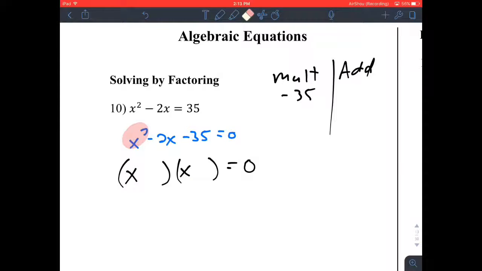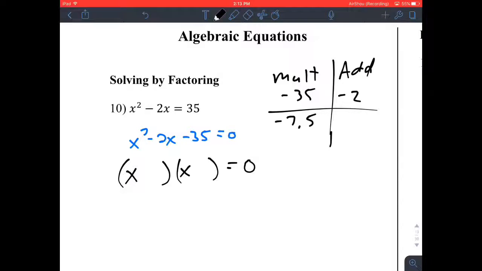You need two numbers whose product is negative 35, and those same two numbers add to be the coefficient of x, which is a negative 2. Those numbers are negative 7 and positive 5. You multiply those, you get negative 35. If you add them, you get negative 2.